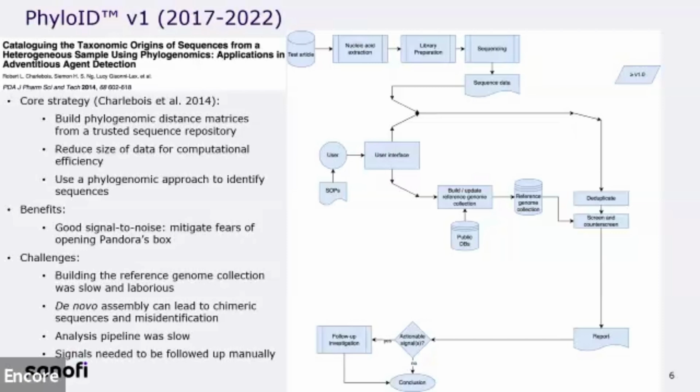We reduce the size, as I mentioned, by de novo assembly. And then the phylogenomic approach to identify the sequences. This essentially looks at the pattern of matches relative to how they should look like on a phylogenetic tree. And so there's some ranked correlation that we use, and this gives us a really good signal to noise ratio.